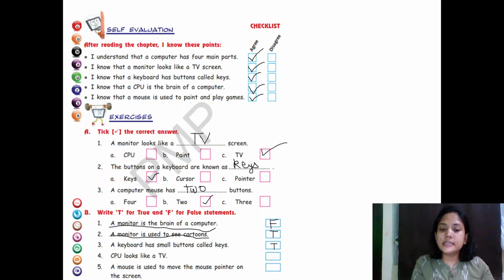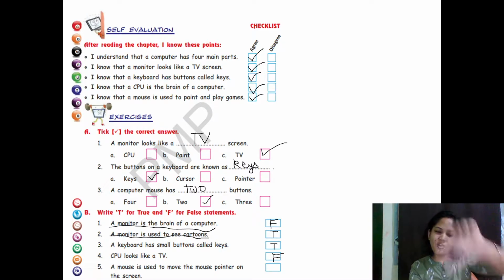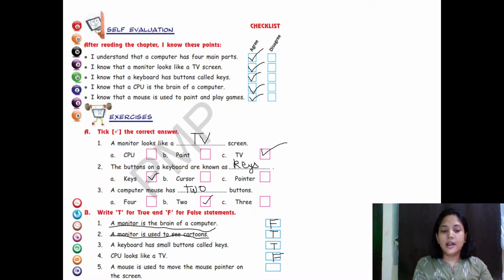So this is false. Okay. So I am going to write F here. It is false.